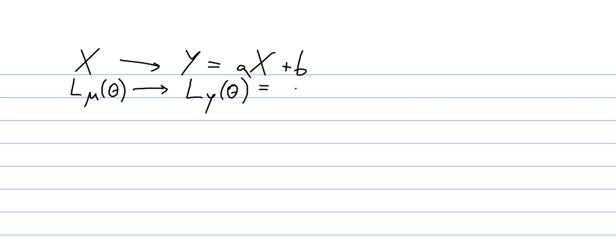Which is just the Laplace transform of x evaluated at a theta, times e to the b theta. So we saw how these affine transformations of a random variable, if a is different from 0, give you a way to transform the Laplace transform.